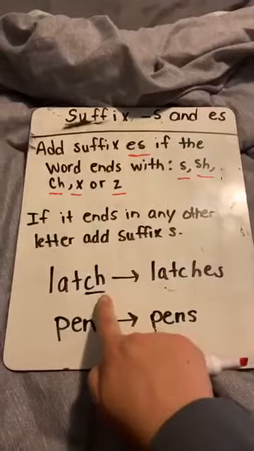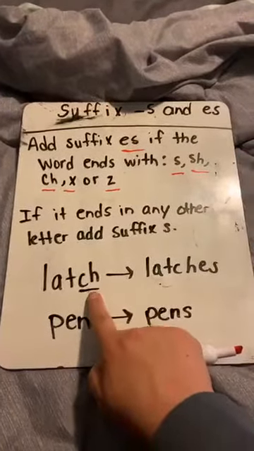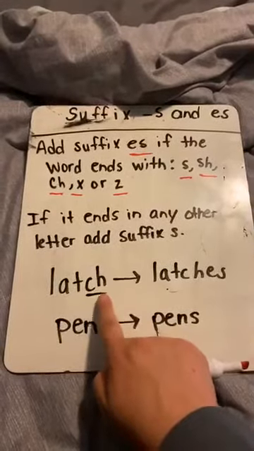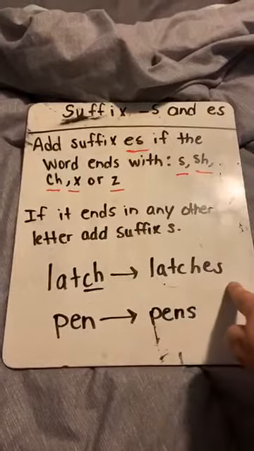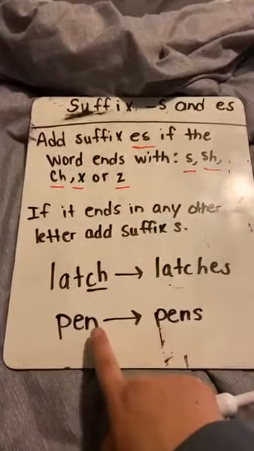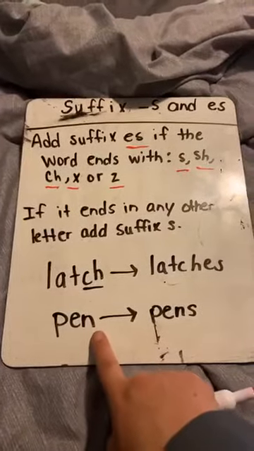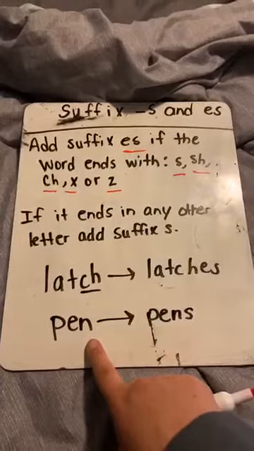So I have my word latch right here. What does this end in? Yes, it ends in ch. So you know that if it ends in ch, I have to add the es to make my word latches. Latches. Okay, let's look at this word. Pen. So what does it end in? Yes, it ends in an N, doesn't it? So I don't have to add the es.